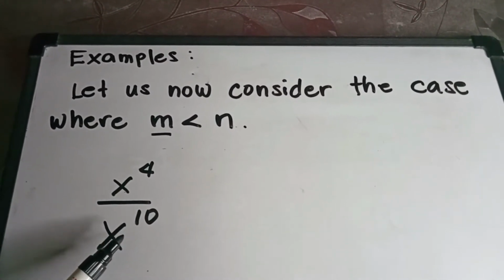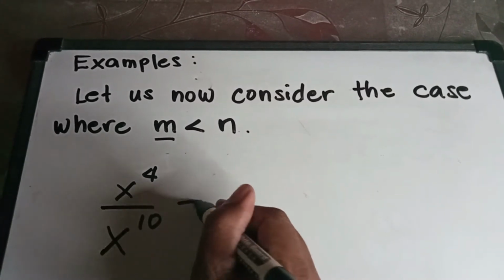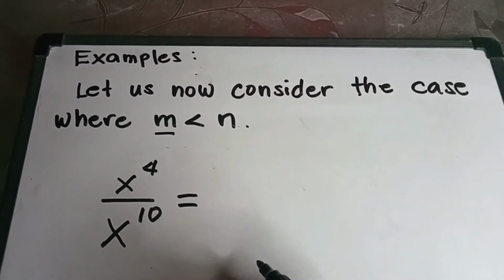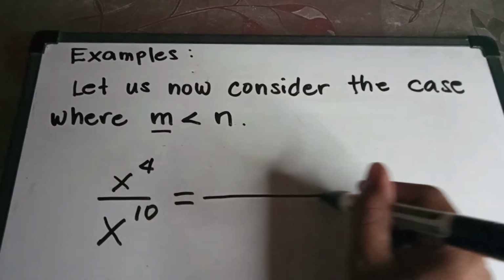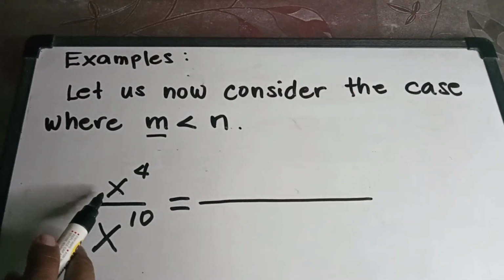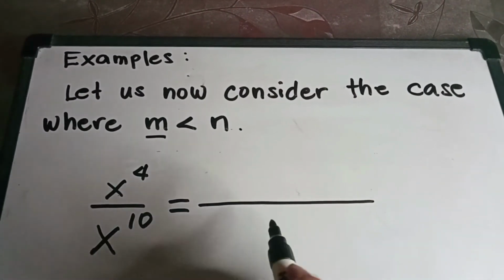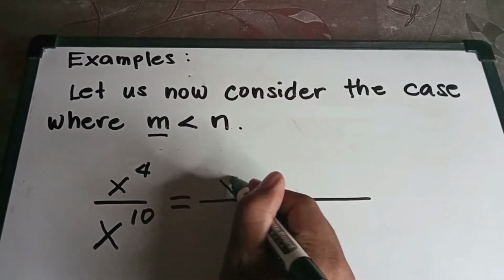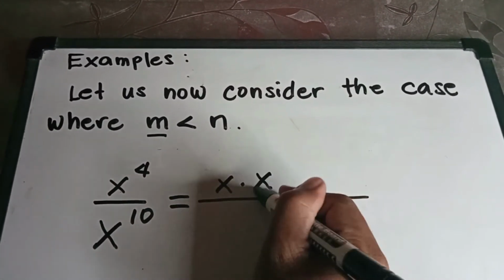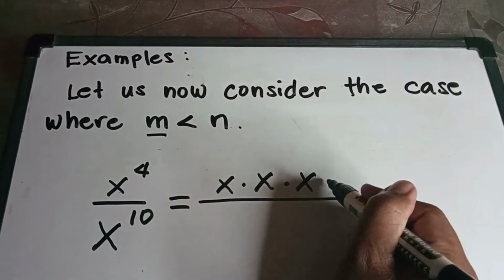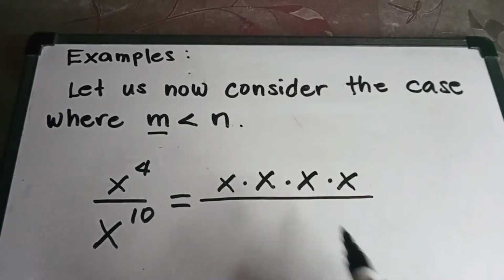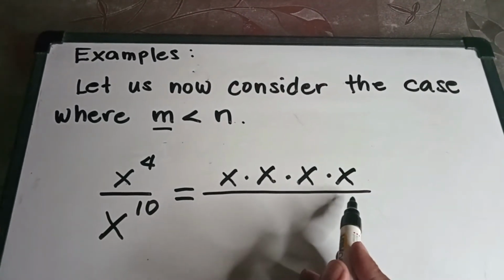So, paano gagawin natin ito? Kung gagamit tayo ng expanded form o yung pinahabang form, yung x raised to 4, ang katumbas niyan ay x times x times x times x. Ibig sabihin, 4 na x.